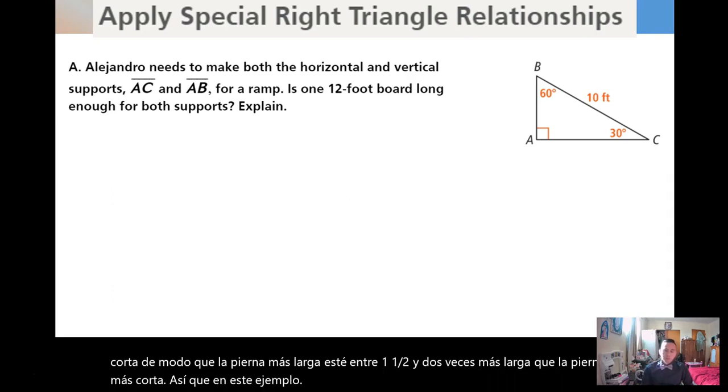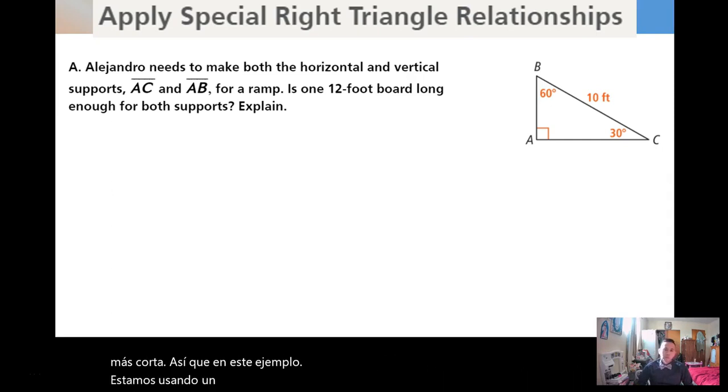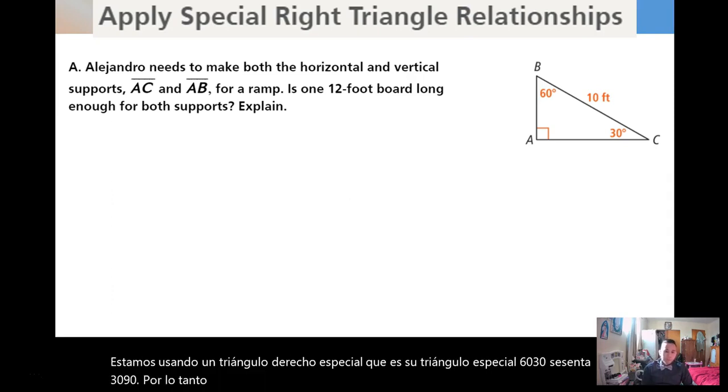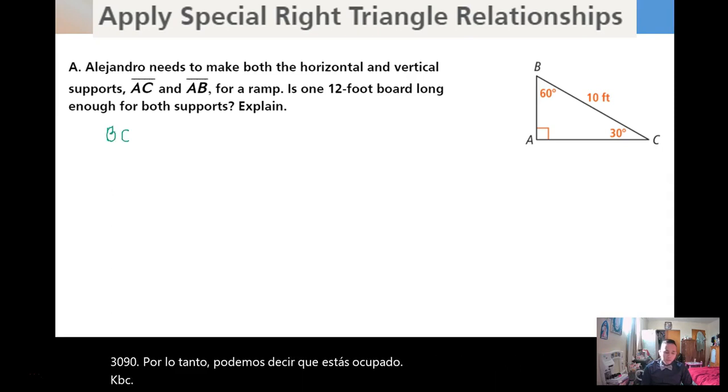we are using a special right triangle, which is your 60-30-90 special triangle. Therefore, we can say that your BC is equal to twice the measurement of AB.